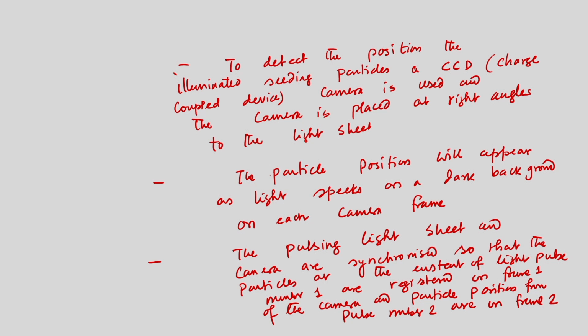That means the pulsing light sheet and camera are synchronized, so that the particles at the instant of light pulse number 1 are registered on camera frame number 1 and pulse number 2 on camera frame number 2.